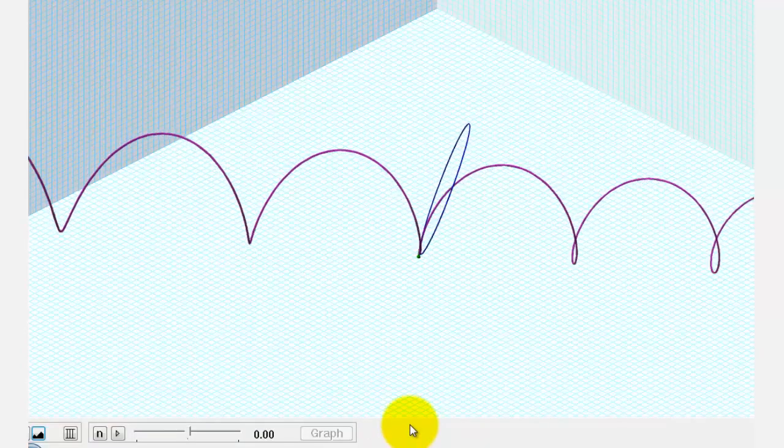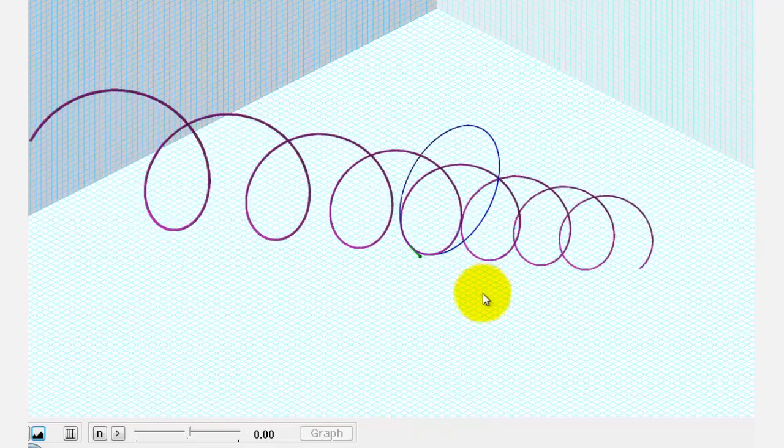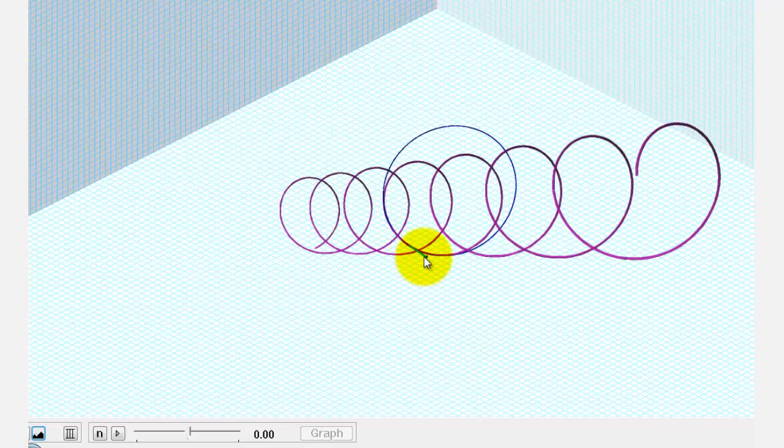So here we see the graph of our space curve in purple. Again, notice how it's a helix. And if I pause this for a moment, this green vector is a unit tangent vector. And so at the initial point of this unit tangent vector here, this blue circle is a circle of curvature.